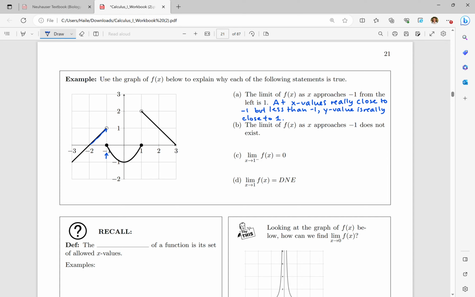Okay, so very similar to the explanations we had in lesson 1, except we've got that idea of either we're coming from the left or from the right, and we're not thinking about both directions at one time necessarily.